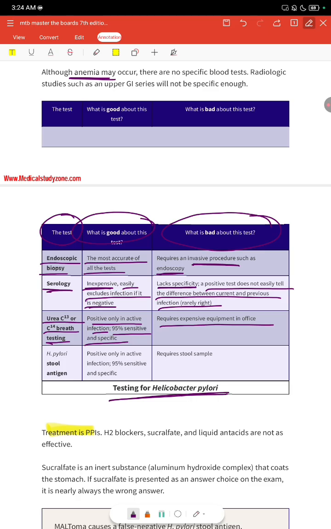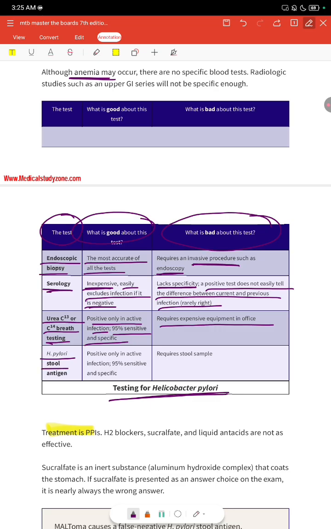The good thing about it is 95% sensitive and specific. The bad thing about it is it requires expensive equipment in office, and also that it is positive only in active infection. So if it turns out to be positive, it means that there is an active infection going on due to Helicobacter pylori.